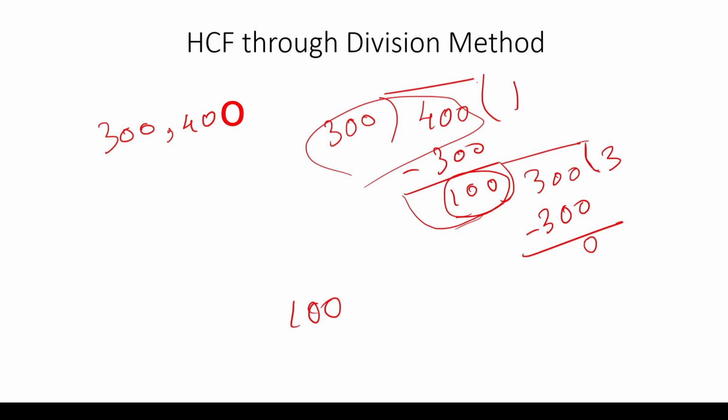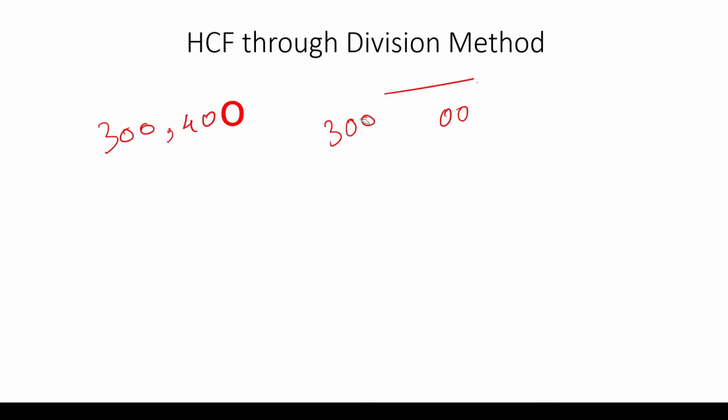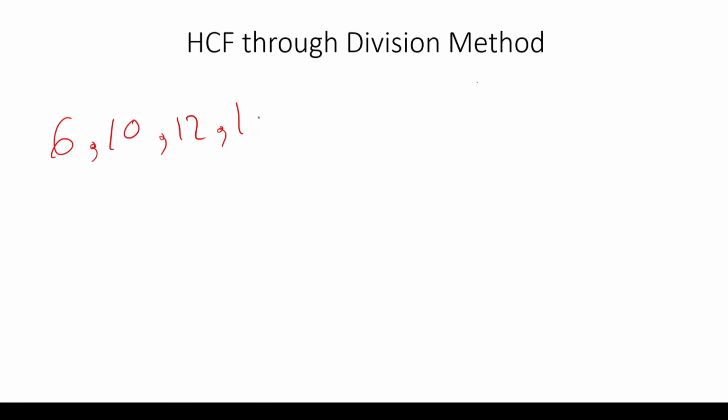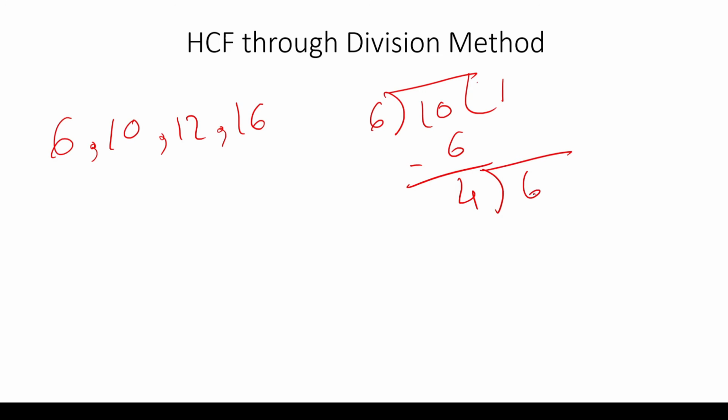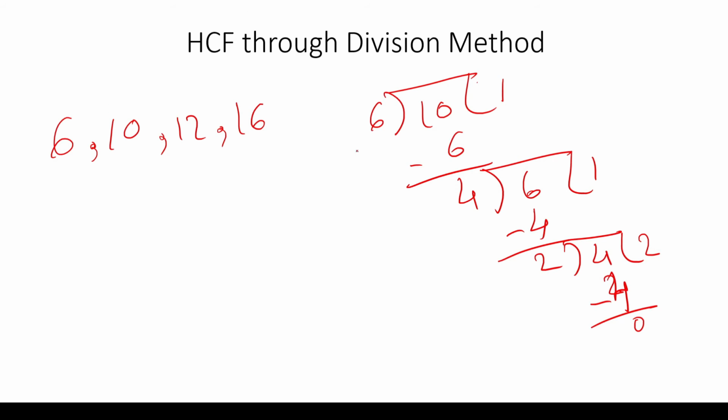Now let's take a more complex example with 4 numbers: 6, 10, 12, 16. Here we divide 10 by 6, the remainder is 4. Now we divide 6 by 4, the remainder is 2, and then 4 divided by 2 gives remainder 0.